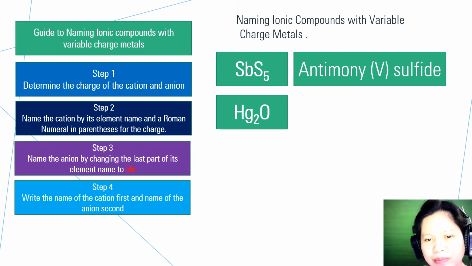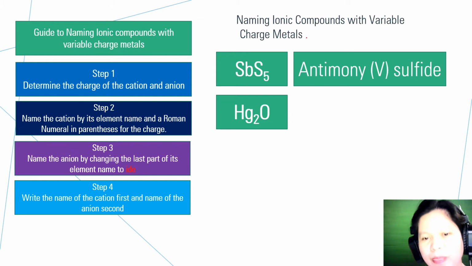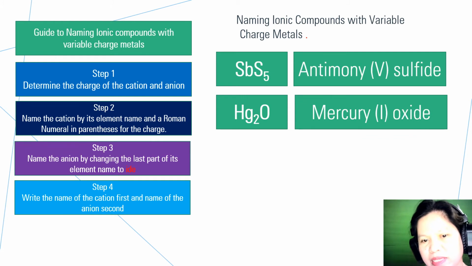Next example, you have silver oxide. So silver has a charge of 1. So oxygen has a charge of 2. So therefore, the name is mercury 1 oxide. Why 1?